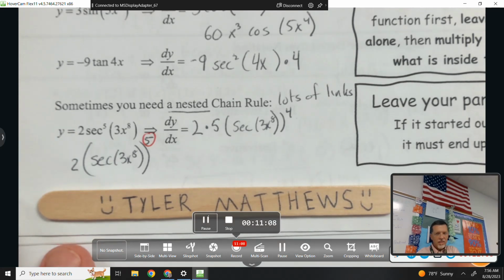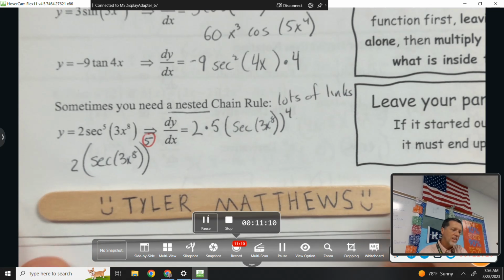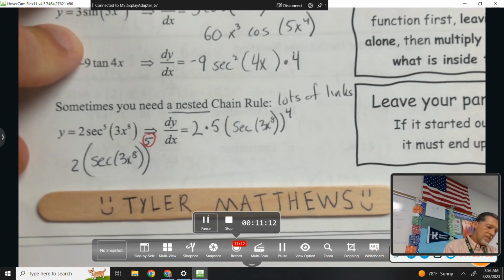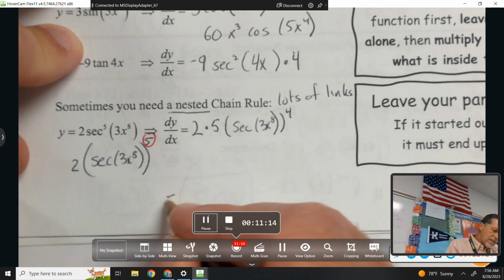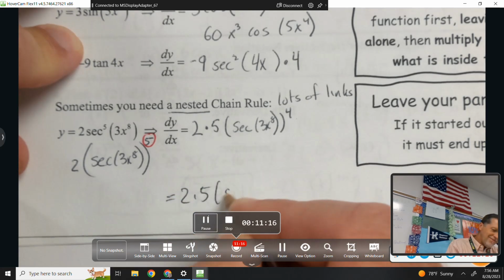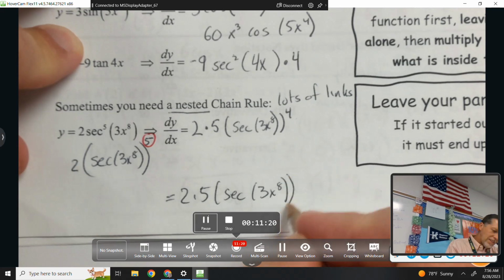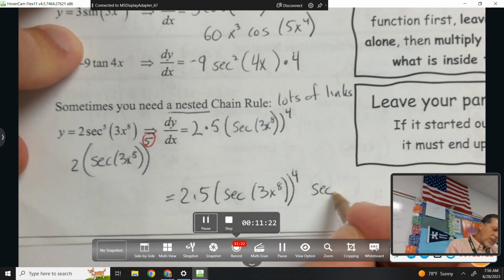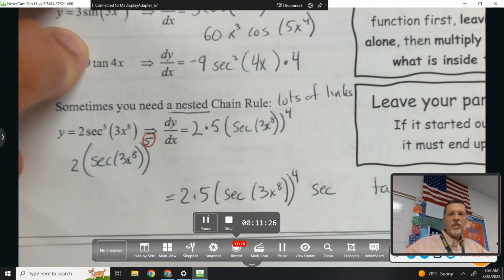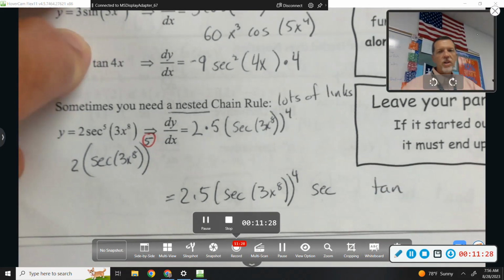The secant, and what's the derivative of secant? It's okay, that's one we don't know well. Yes. So secant tangent, what is the argument of the secant and the tangent? What am I taking the secant and tangent of? 3x to the 8th.